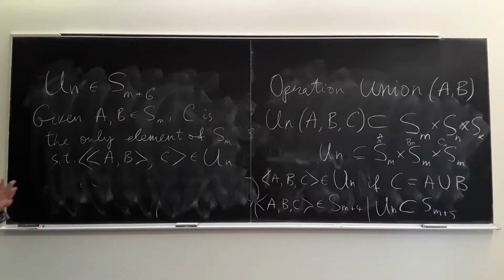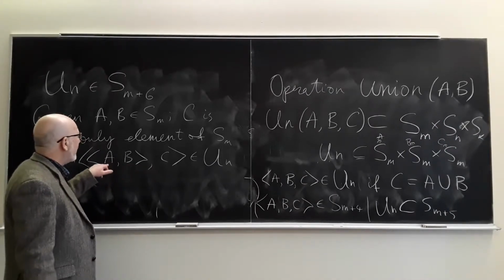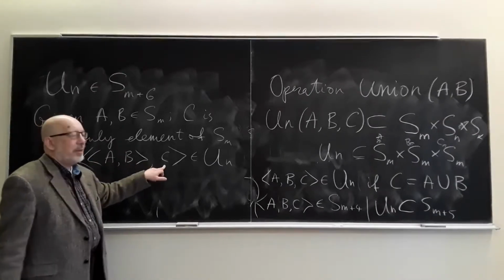Now, if you open all brackets, it's this. So the union is a relation between these three sets, or better to say, between this pair of sets and the third set C.